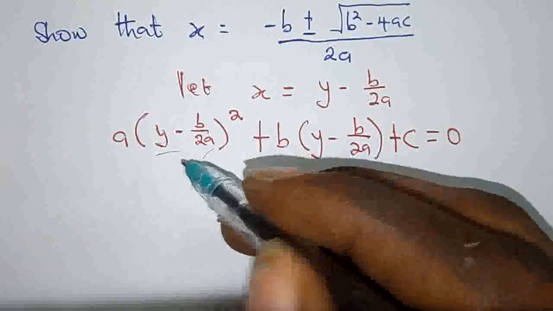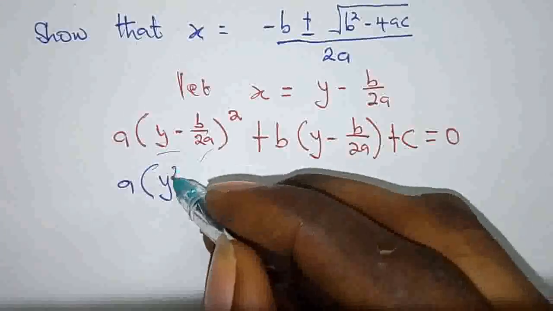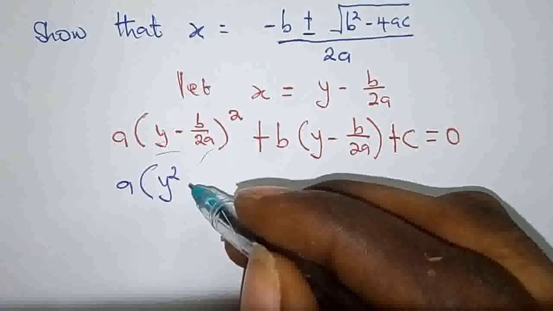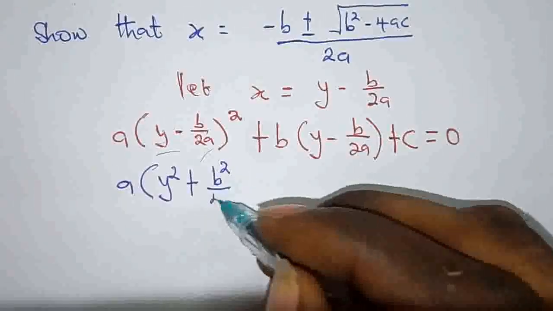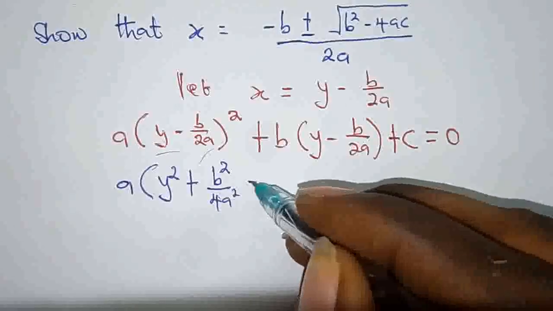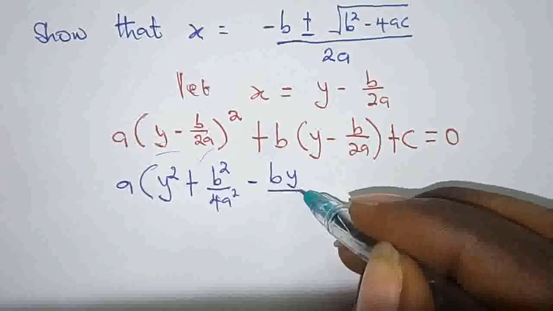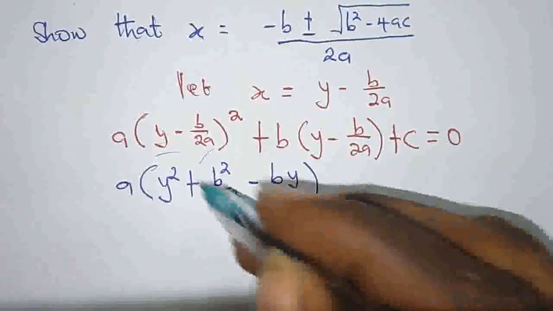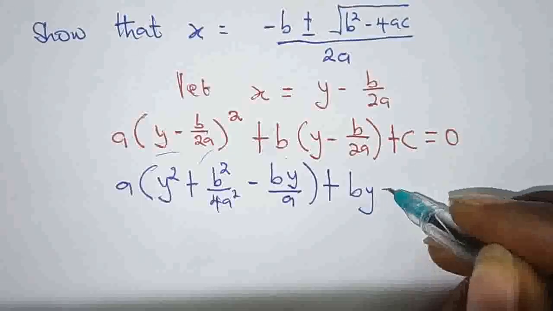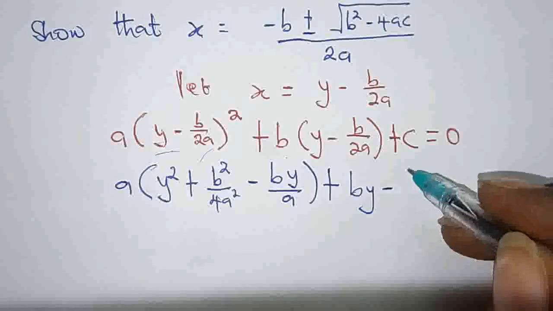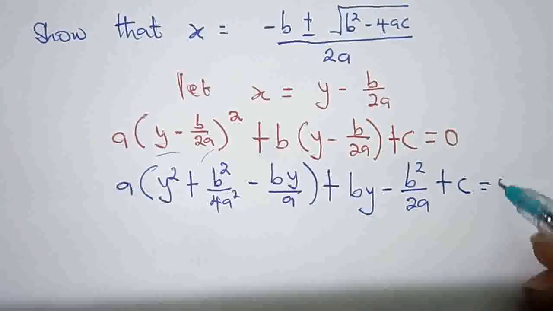So to expand this, we have a open bracket, the expansion of that gives y squared plus b squared all over 4a squared, then minus by all over a. So this is the expansion of this, then plus b times y here is by, minus b times b all over 2a is b squared over 2a, then plus c equals 0.